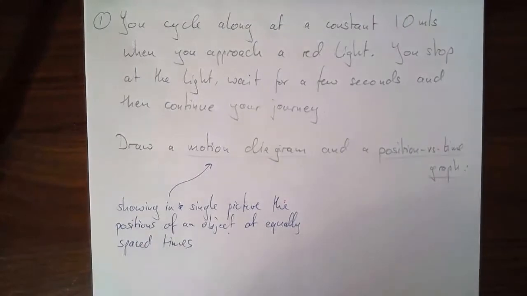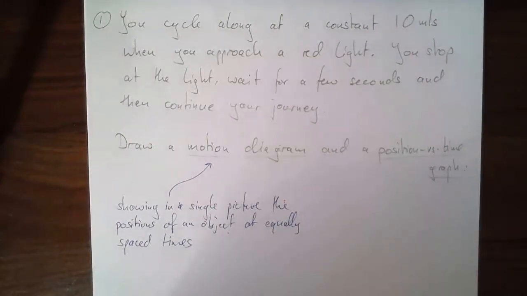Now if that sounds very complicated, think of it this way. Imagine you film some sort of motion with a camera. Then what is a film? You have a series of pictures, and they might be one every 30th of a second or so. Then imagine you take all those pictures and put them on top of each other, so you can see the object that's moving at all the different positions at equal times.